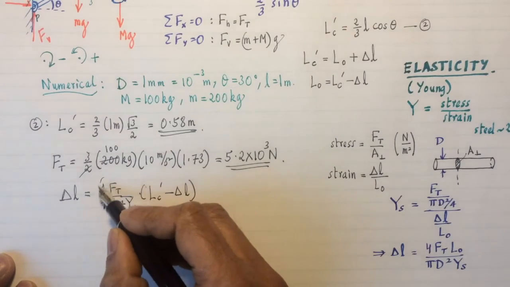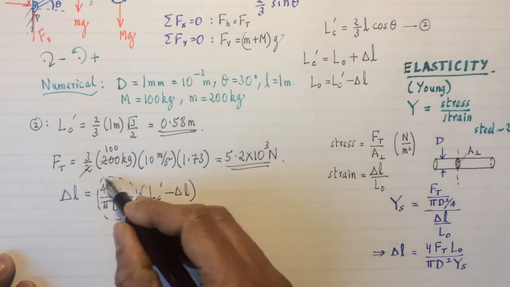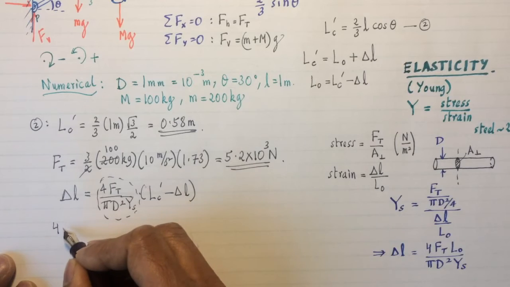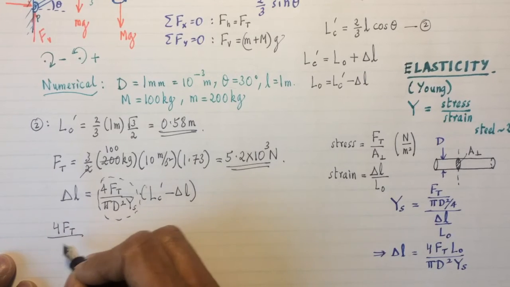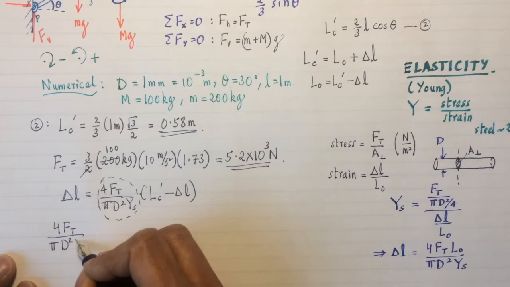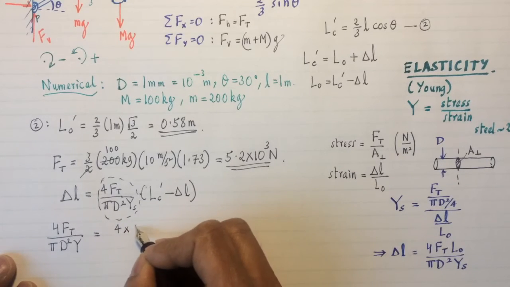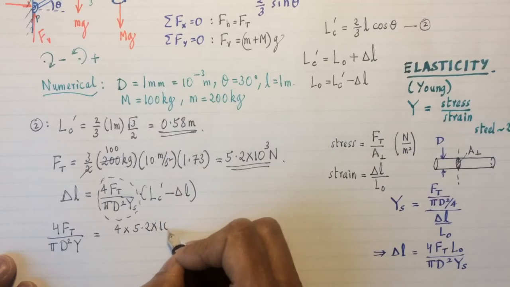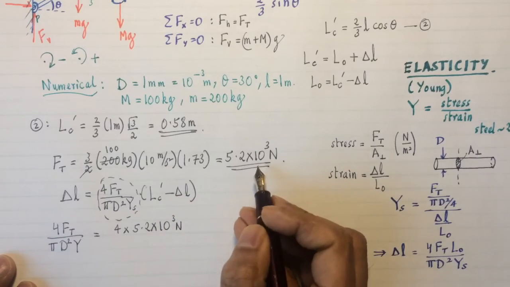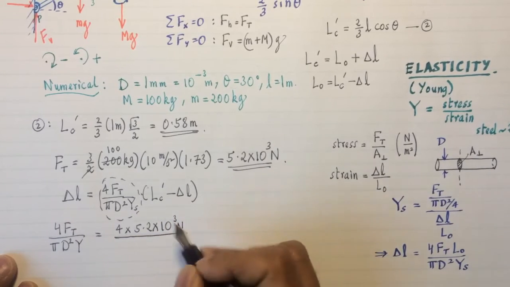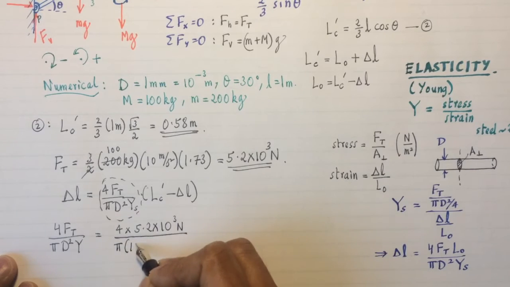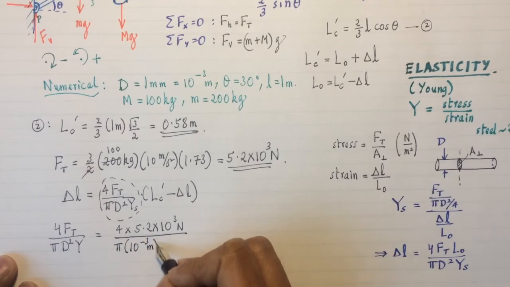Let's calculate this quantity here. Just get it out of the way. So 4 F_t over pi d squared times the Young's modulus is going to be 4 times 5.2 times 10 to the 3 newtons, which I have from there, divided by pi times the diameter, which is 10 to the minus 3 meters squared.